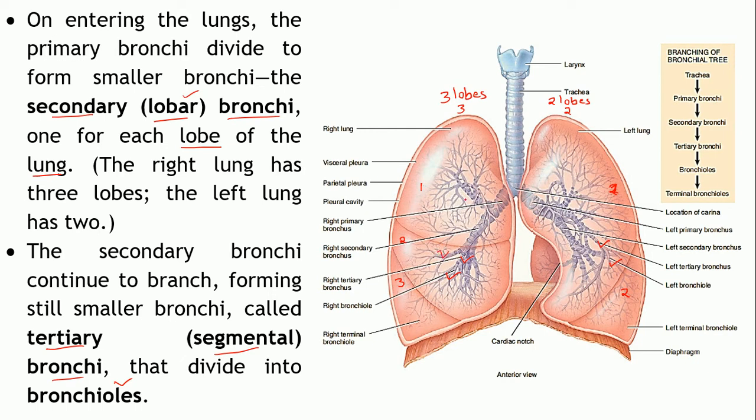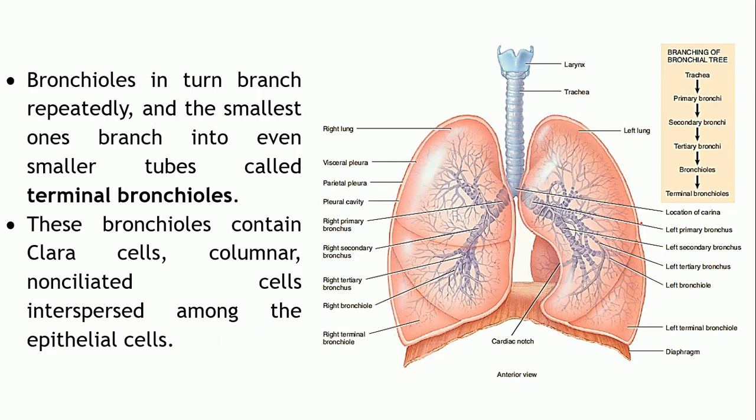Now these bronchioles in turn will continue to branch repeatedly, dividing into still smaller tubes called terminal bronchioles. As you can see, these very faint tubules are very small in diameter.